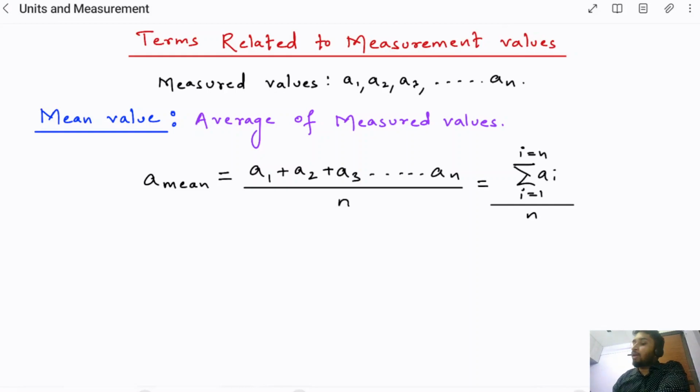After that we calculate the absolute error in each measurement.